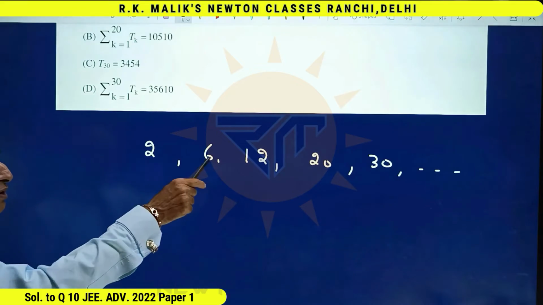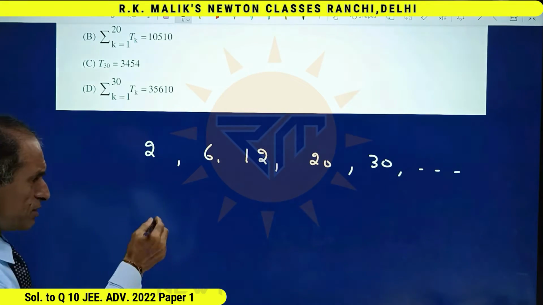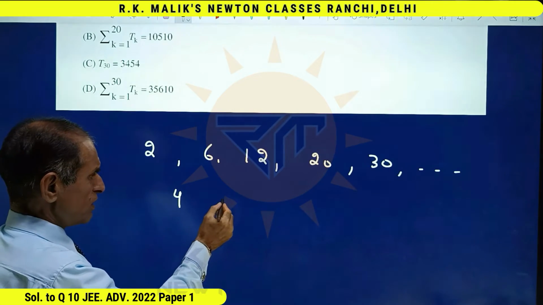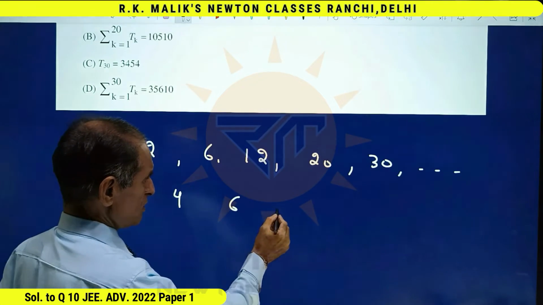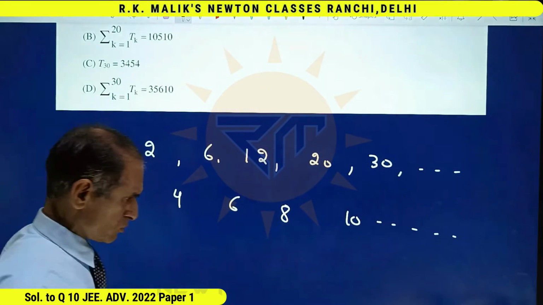The proper way of finding the nth term is to find the difference between the terms. Here the difference is 4, here the difference is 6, 8, 10 and so on.